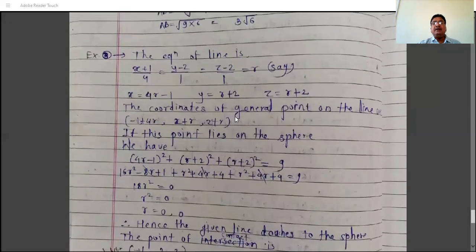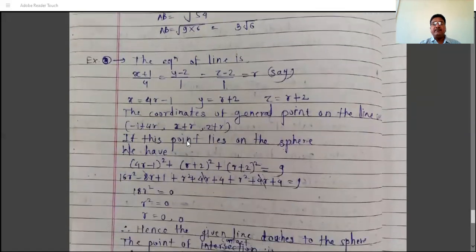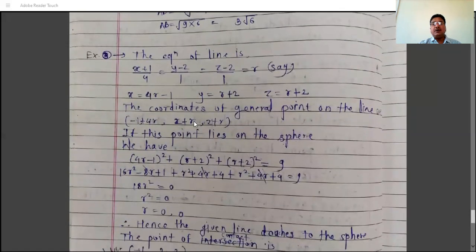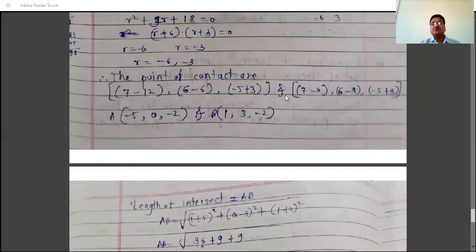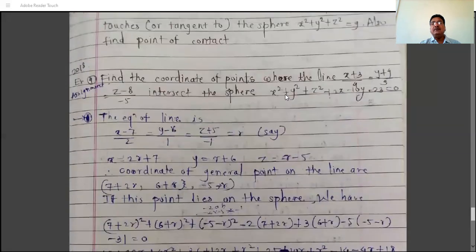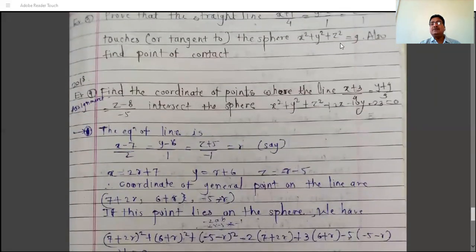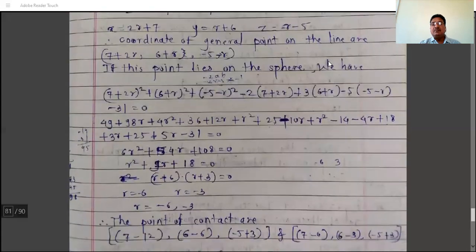And we have to find the point of intersection of line and sphere. If this point, which lies on the line, also lies on the sphere, then the coordinates of the point satisfy the equation of the sphere. The equation of the sphere is x square plus y square plus z square is equal to 9.